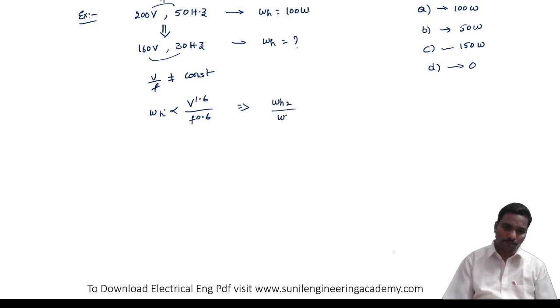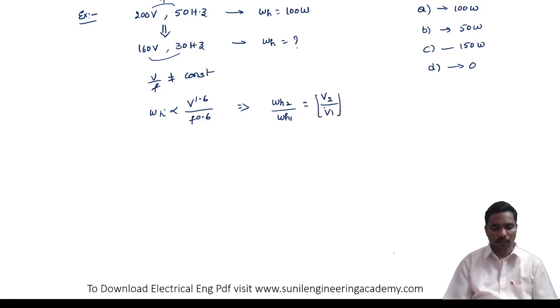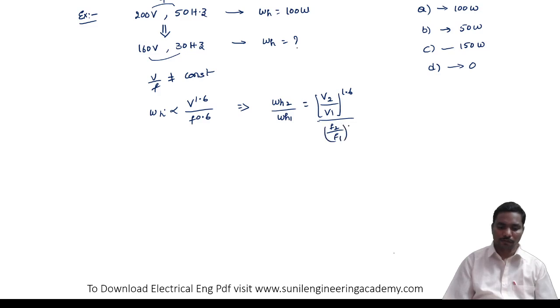From this we can take WH2 by WH1 is equal to V2 by V1 power 1.6, by F2 by F1 power 0.6.